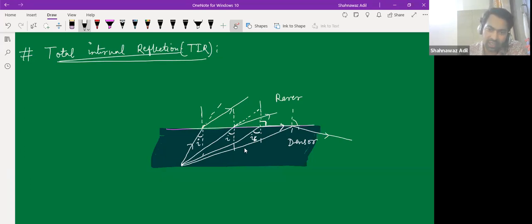Whenever you increase your angle of incidence greater than the critical angle, your light will reflect back to the denser medium. That optical phenomenon is called total internal reflection.